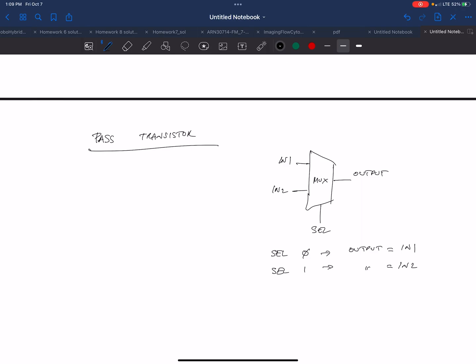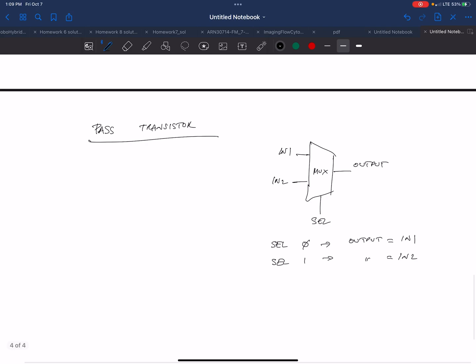So you can make this also from gates, from individual AND and OR gates and so on, but it's fewer transistors. You could make this from maybe 3 gates, or you might be tempted just to make it from 2 transistors. How would you do that? Think about 2 NMOS transistors and an inverter.